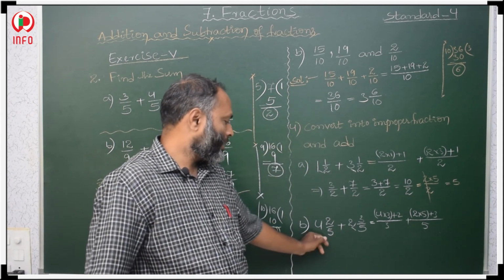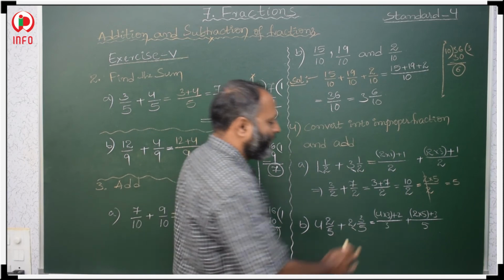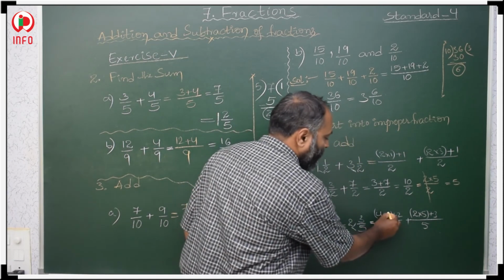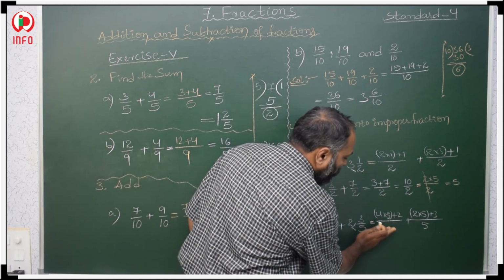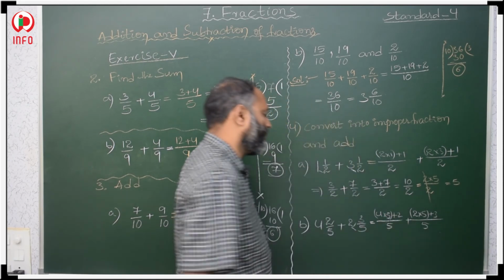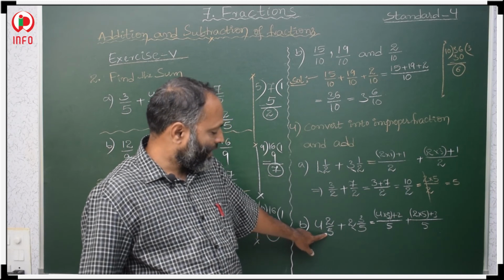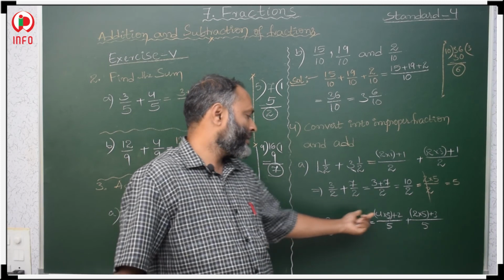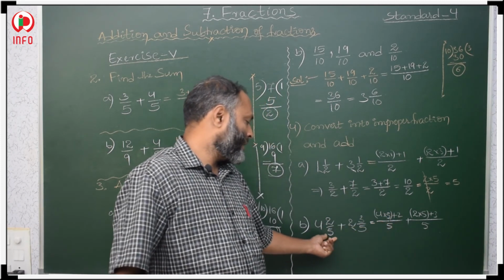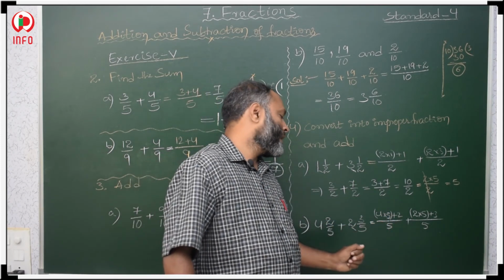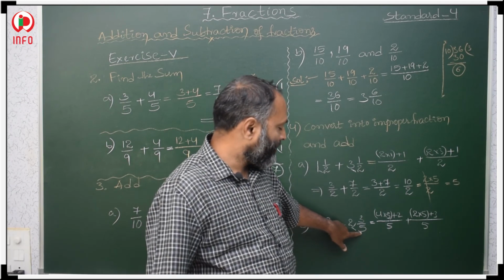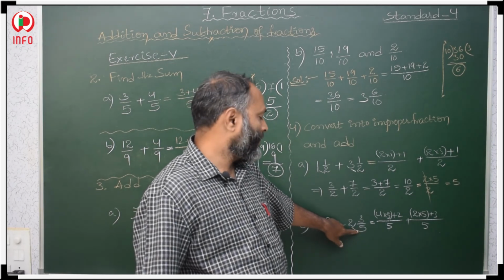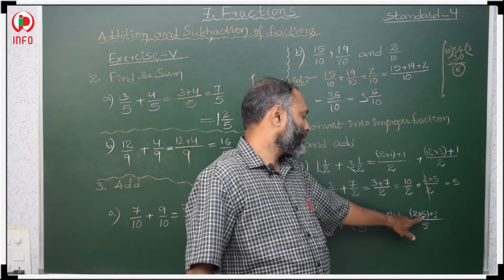Now 4 with 5, 4 into 5, not 3 here. 4 into 5 plus 2 divided by 5. First we have to multiply this denominator with the whole number, 4 into 5 plus numerator, divided by this denominator. After that again we multiply this denominator with this whole number, 5 with 2 plus 3.